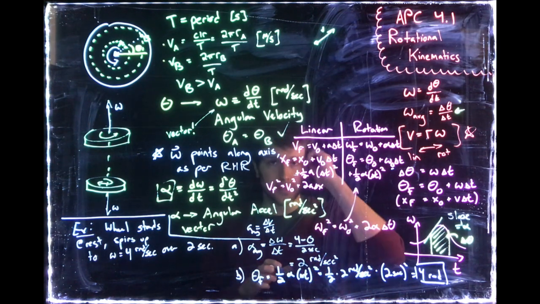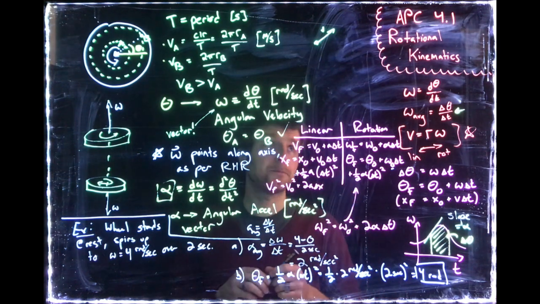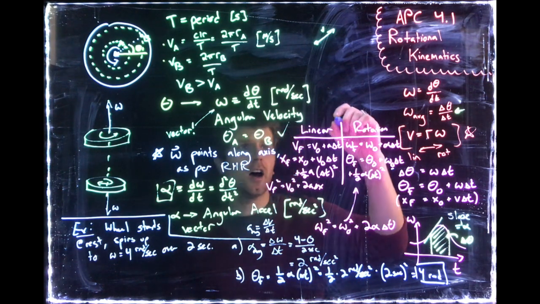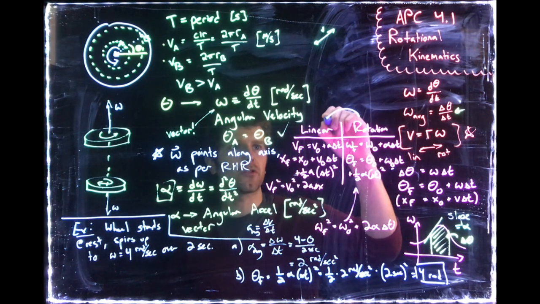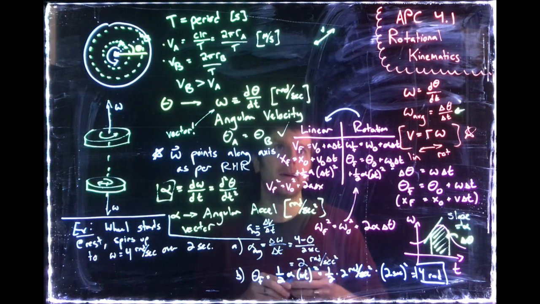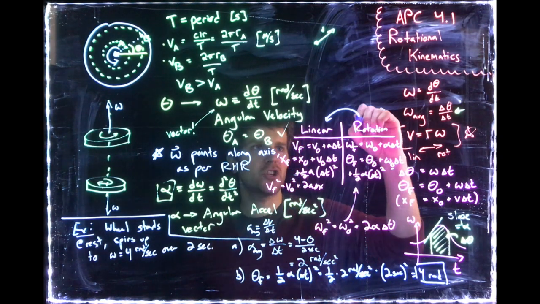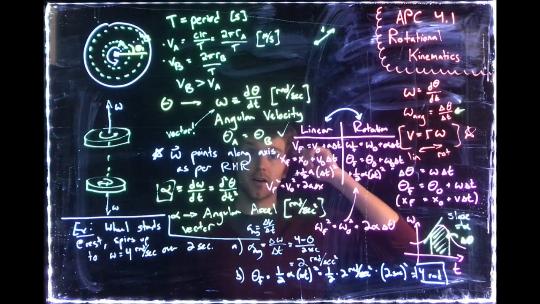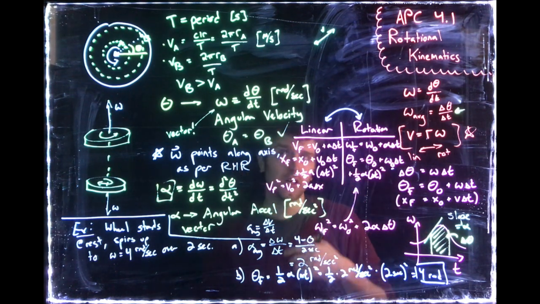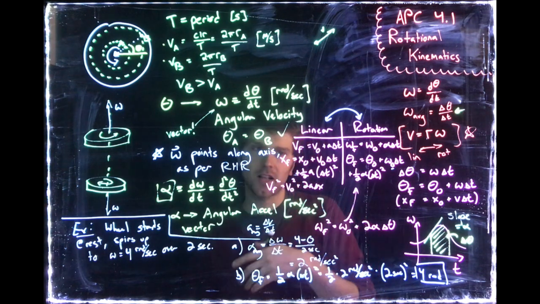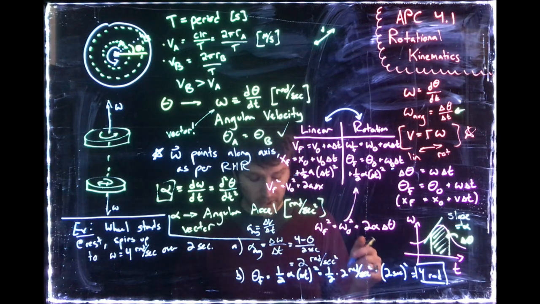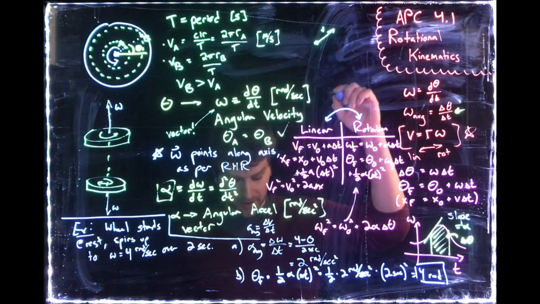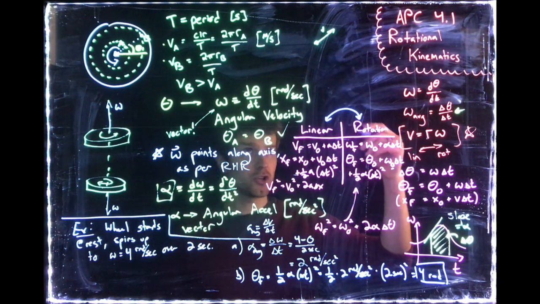So the important thing, as you're looking at the problem set this week, is to remember that rotational kinematics problems are exactly the same as linear kinematics problems. You just have to change your variables. Instead of position, we have angular position. Instead of velocity, angular velocity. Acceleration, angular acceleration. And we're going to see that through line through the whole rest of this unit: every linear quantity has a rotational quantity.